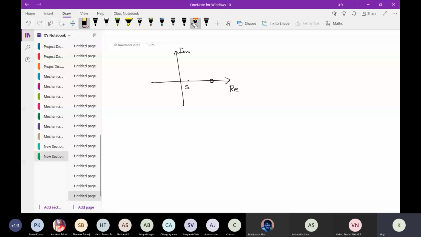From here to here, and for the S, from here to here.